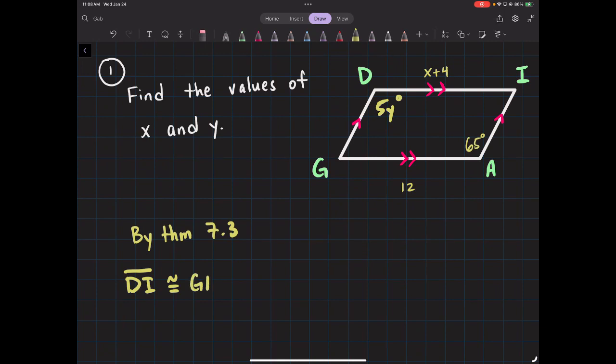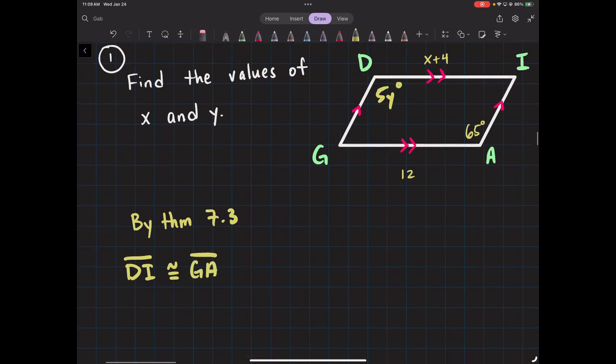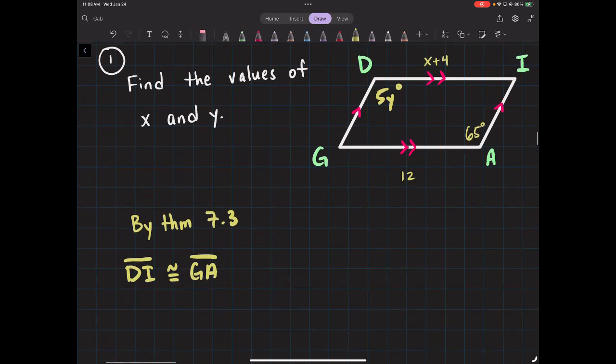DI is congruent to GA. Okay, choose someone. David? What am I gonna set my equation as?